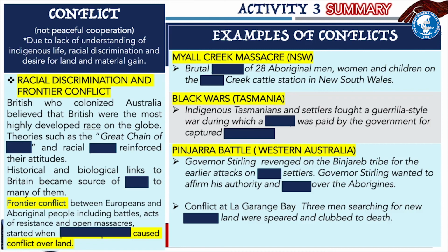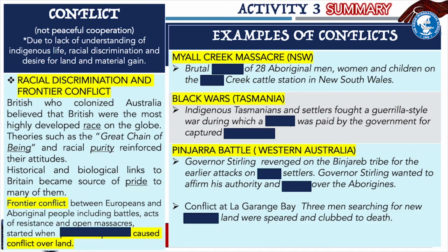Theories such as the Great Chain of Being and racial purity, and also Charles Darwin's survival of the fittest, reinforce their attitudes. Historical and biological links to Britain became source of pride to many of them.